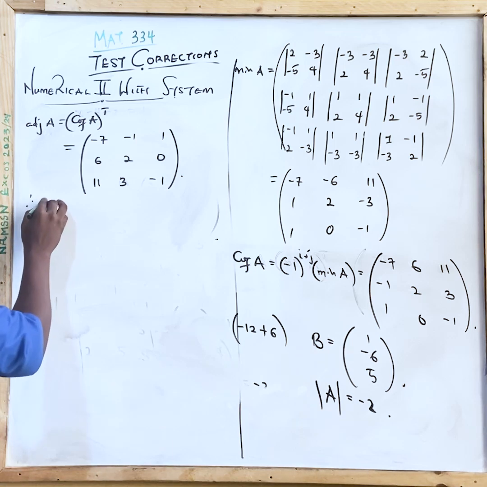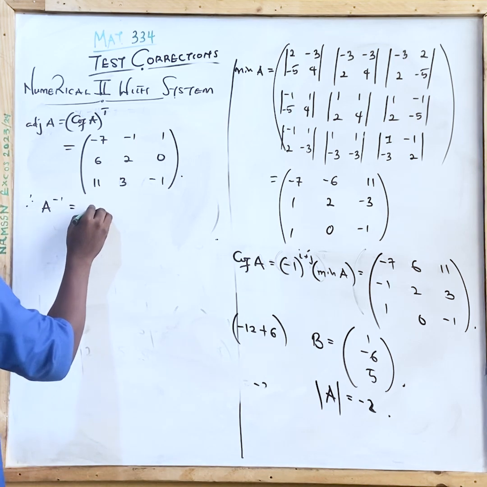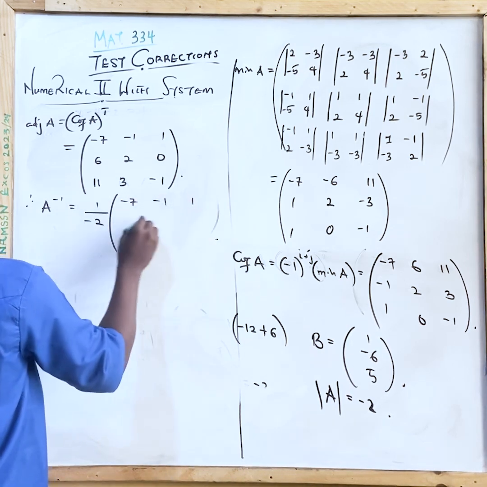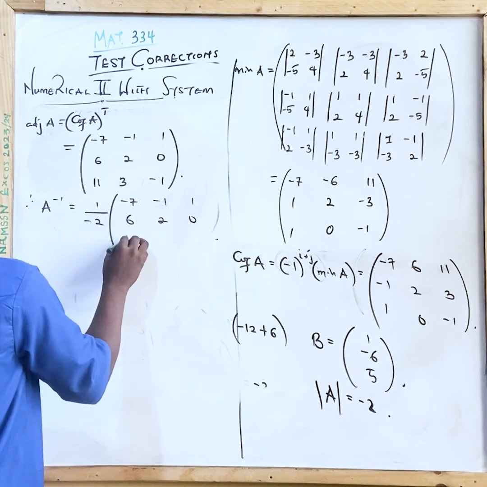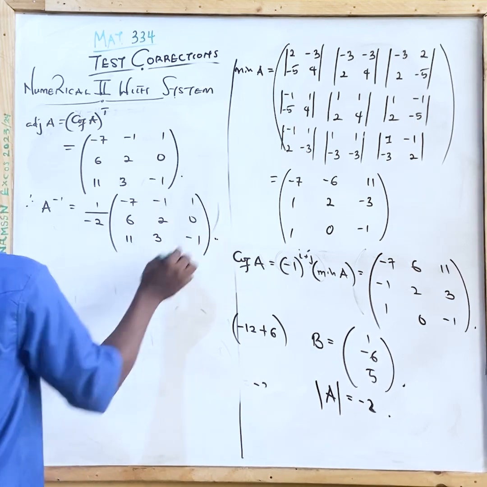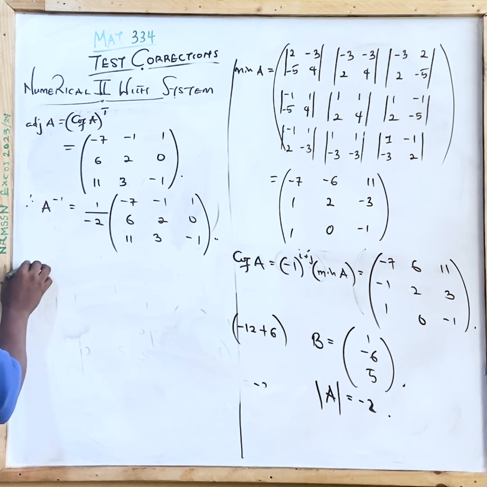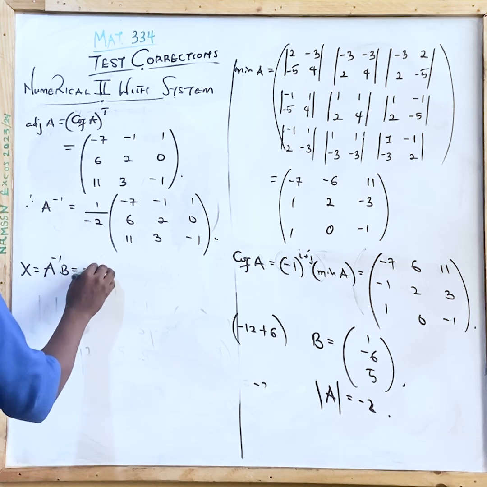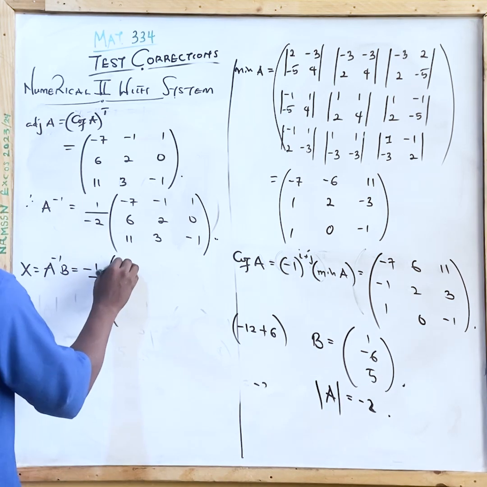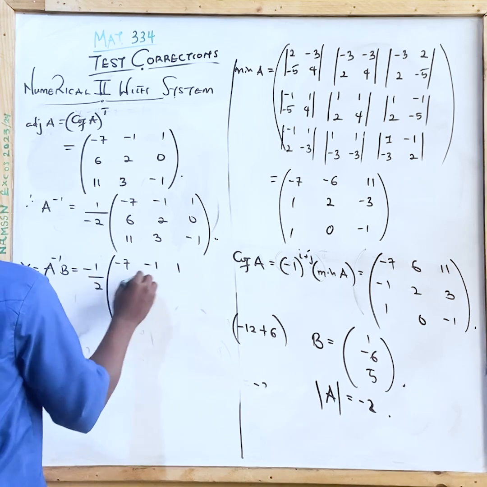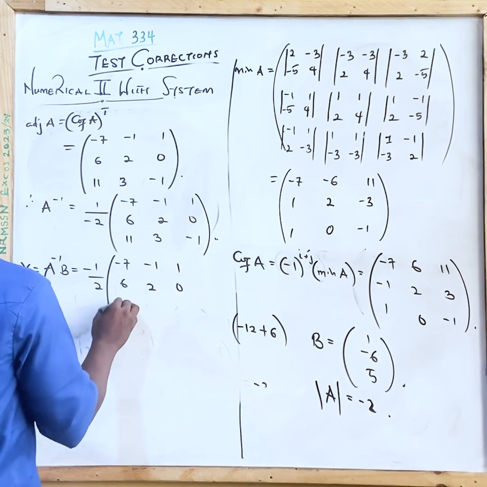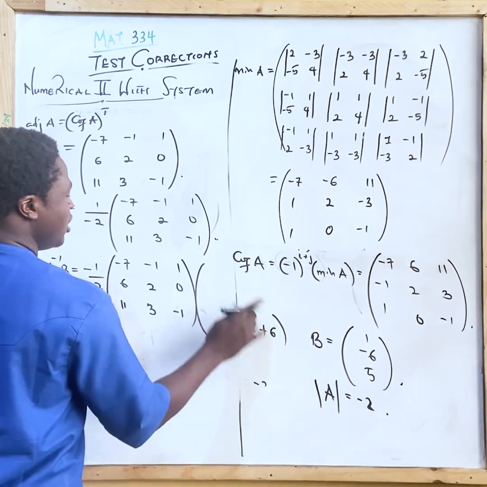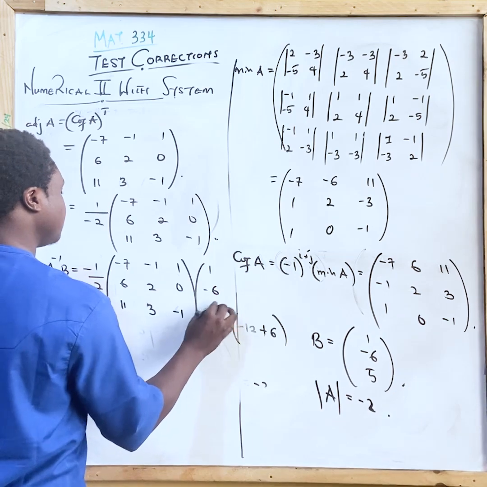Therefore A inverse is equal to 1 over minus 2 times minus 7 minus 1 1 6 2 0 11 3 minus 1. Now I can get my variables. So our x is equal to A inverse times B, which is minus 1 over 2 times that matrix, times our B, which is 1 minus 6 5.